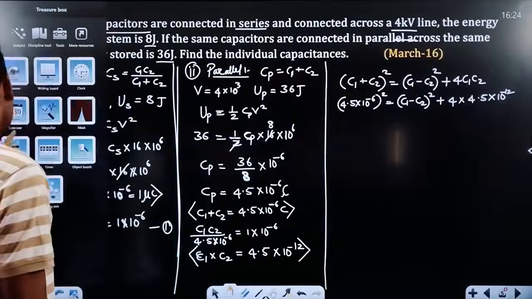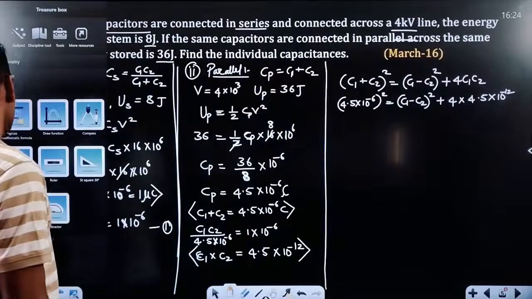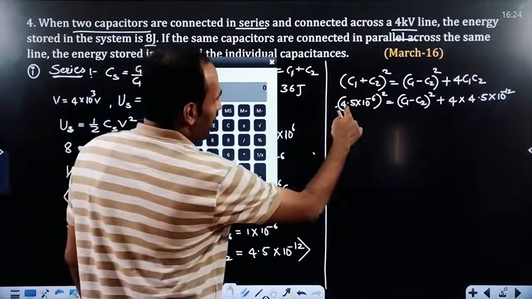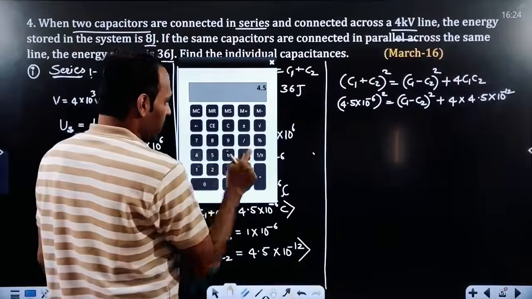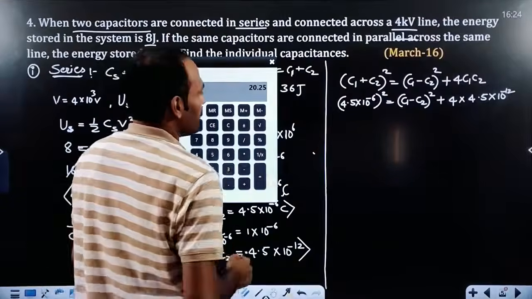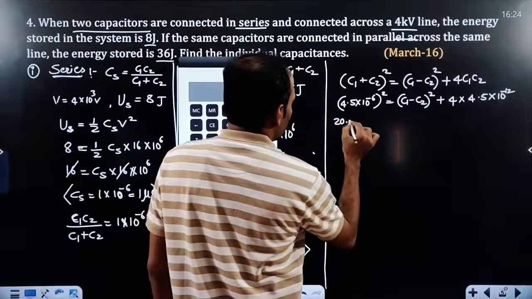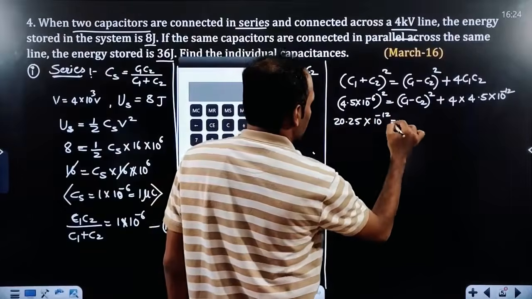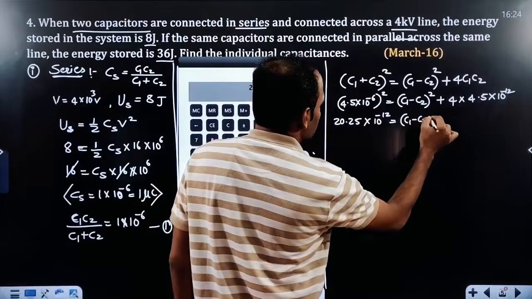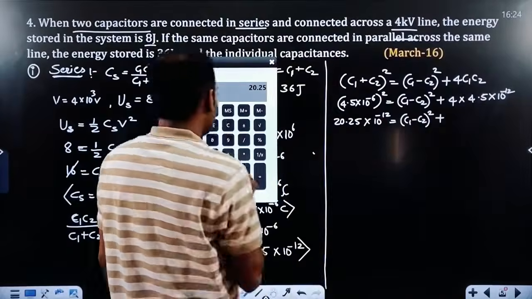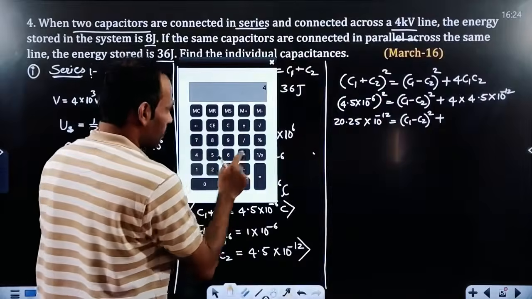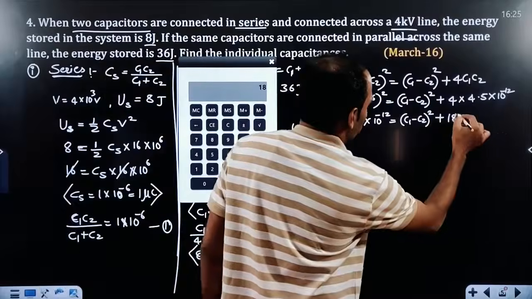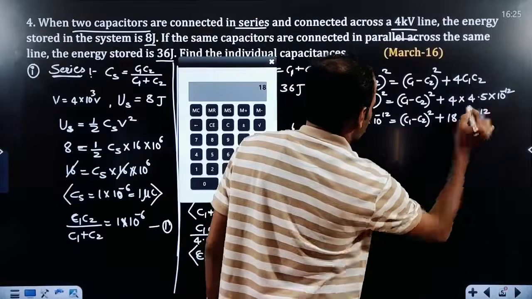So let us square it. 4.5 squared is 4.5 into 4.5, which is 20.25. So 20.25 into 10 raised to minus 12 is equal to C1 minus C2 whole square plus 4 into 4.5, which is 18, so 18 into 10 to the power minus 12.